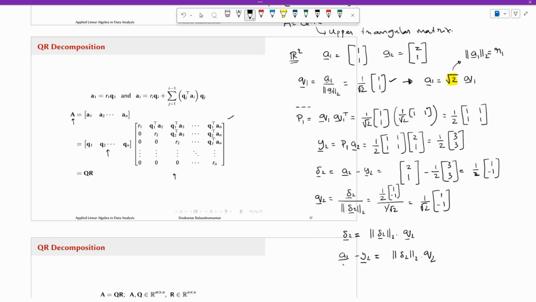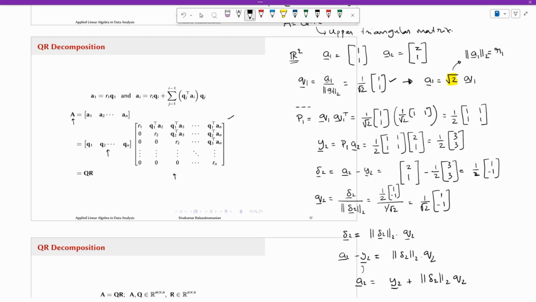Well, I do see a relationship. A2 has appeared here, right? I do have A2 and some other stuff, but I still have this Y2. If I move that to the other side, I have A2 equals Y2 plus, right? But what is Y2?